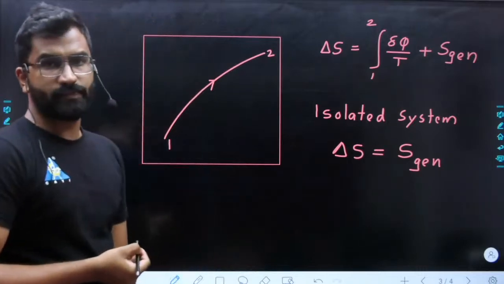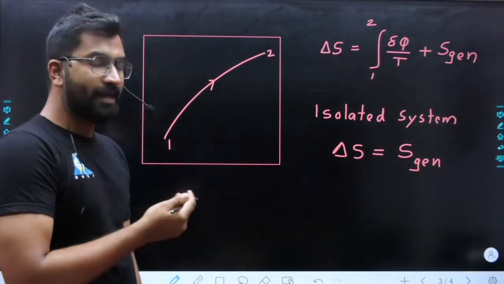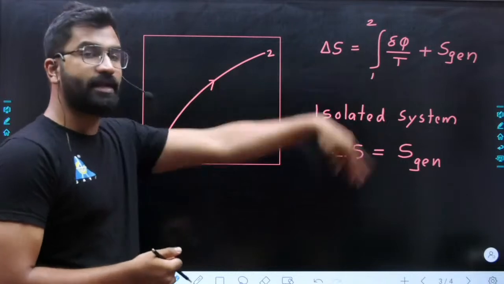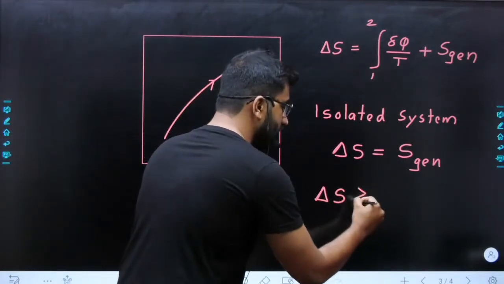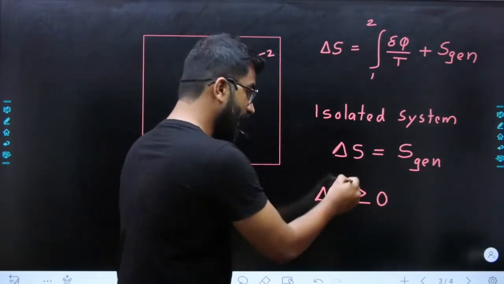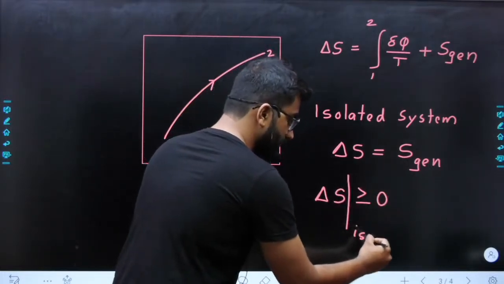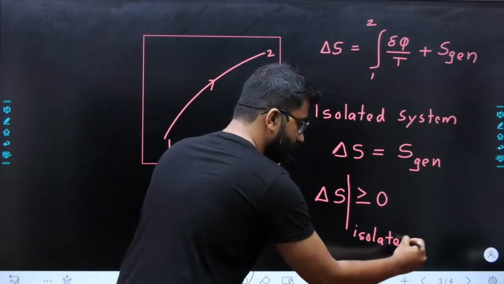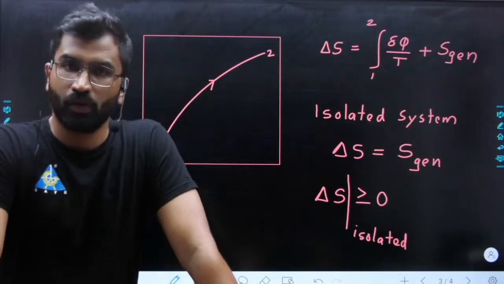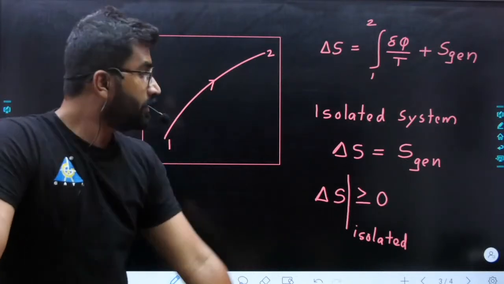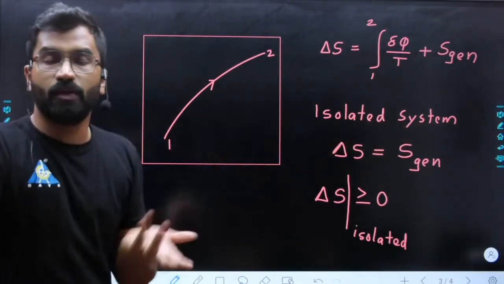Inside an isolated system, if you have an irreversible process, your delta S will be always greater than or equal to 0. There can be only two possibilities. So based on isolated system, they can ask you a question.